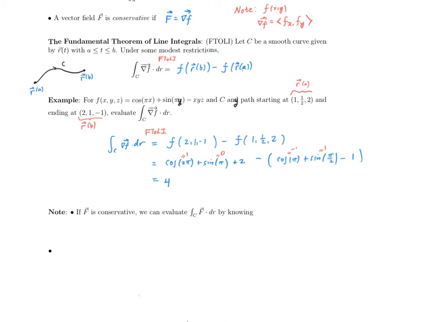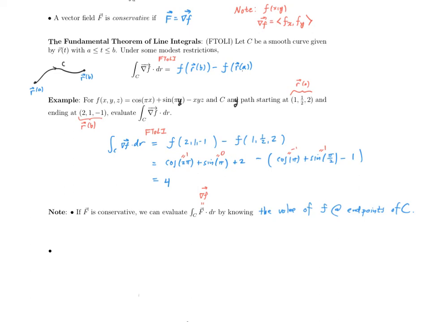So to summarize, if big F is a conservative vector field, meaning big F is the gradient of some function little f, we can evaluate this line integral simply by knowing the value of our potential function little f at the endpoints of the curve.